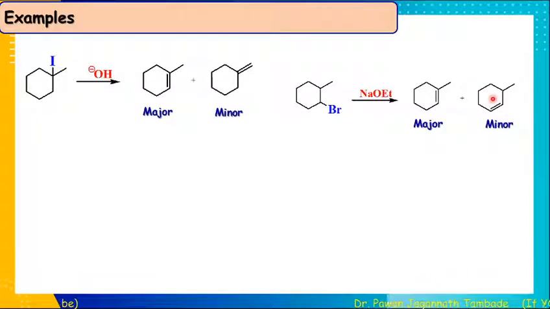So out of these two possibilities, this is the major product because this is the more substituted alkene, and this is the minor product as it is the less substituted alkene. This is the alkene which has 3 alkyl groups across the carbon-carbon double bond, and in this alkene there are just 2 alkyl groups across this carbon-carbon double bond. So this is the major product and this is the minor product according to Zaitsev.